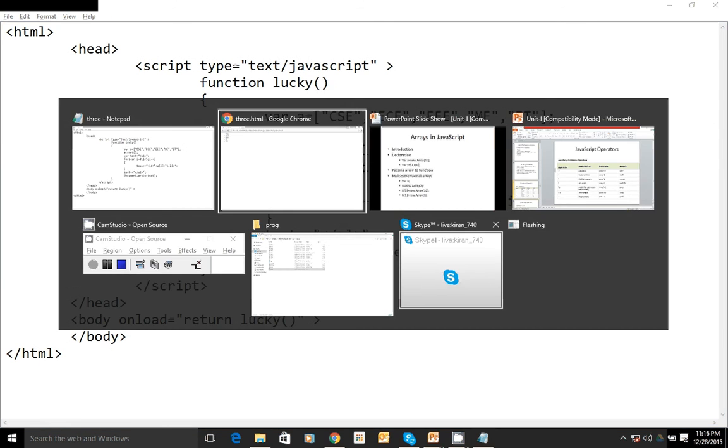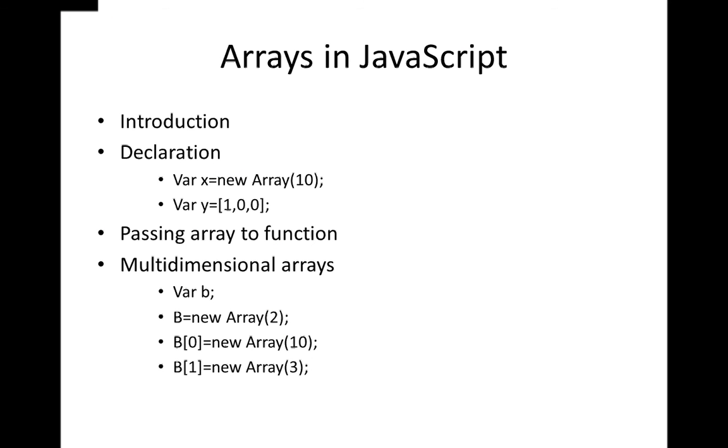Of course you can create multi-dimensional arrays with this particular syntax, like var b equal to new array of 2, which means it's a two-dimensional array. We have the b0 array and b1 array. And of course we know how to pass an array to a function in C language.